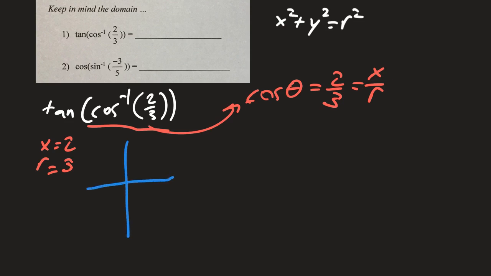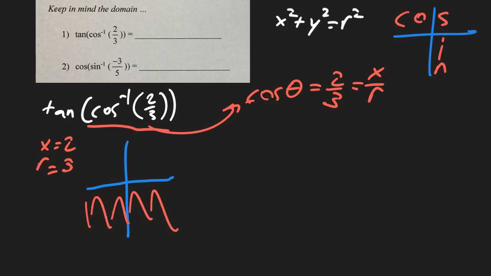And based on what I know about this, I'm going to keep my domain in mind. So again, cosine belongs in quadrants 1 and 2, and sine belongs in quadrants 1 and 4, okay? So I cannot draw my triangle in any location that it doesn't belong to. So I'm going to go ahead and cross these out.